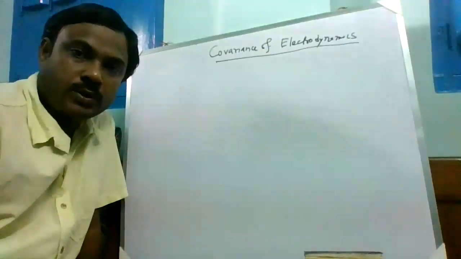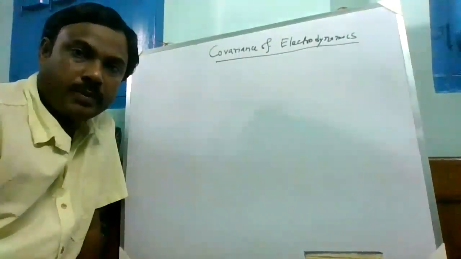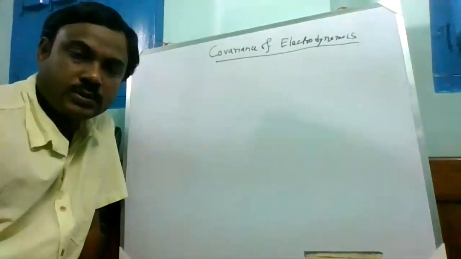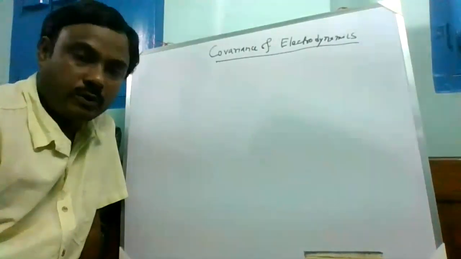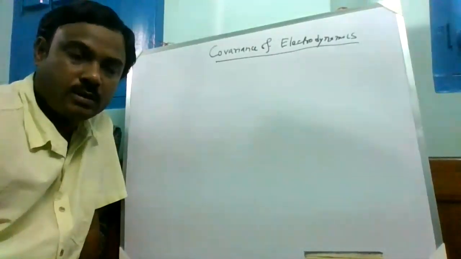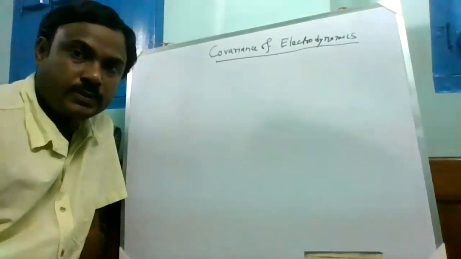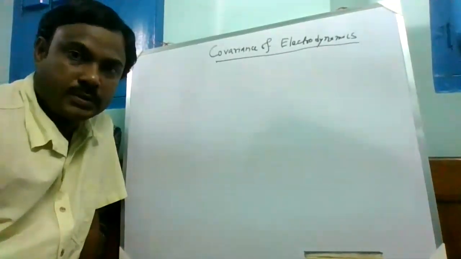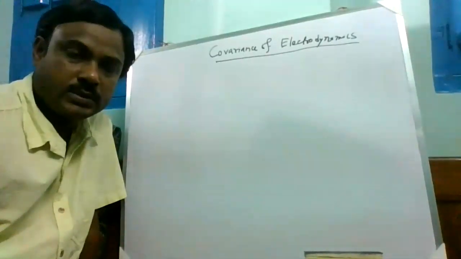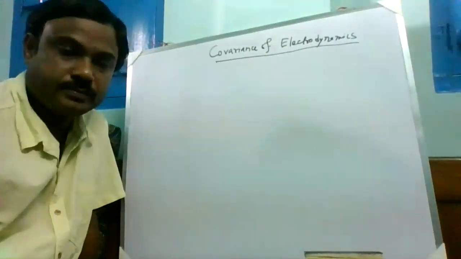Today I am going to talk about, actually, this is a continuation of the talk of the previous covariance of electrodynamics. As you have already known, covariance means time variation and space variation are on the same sheet.